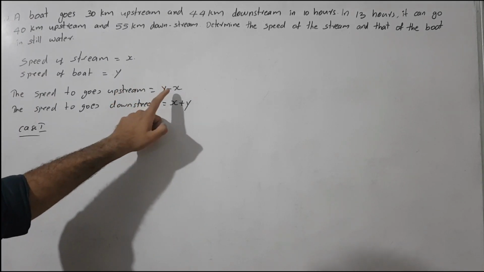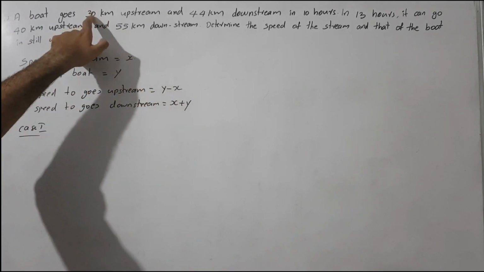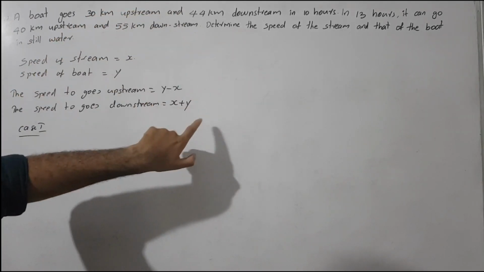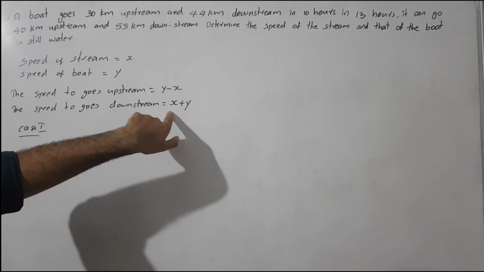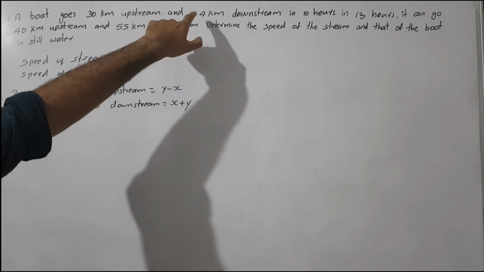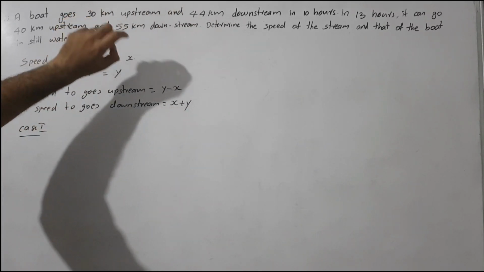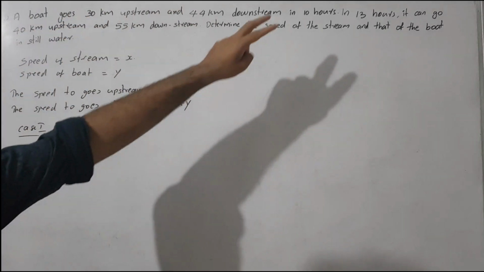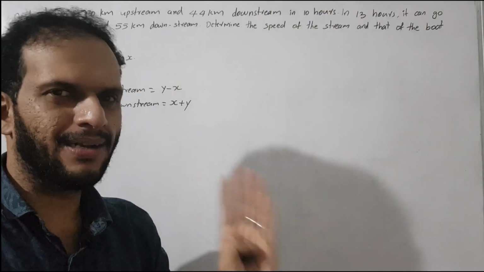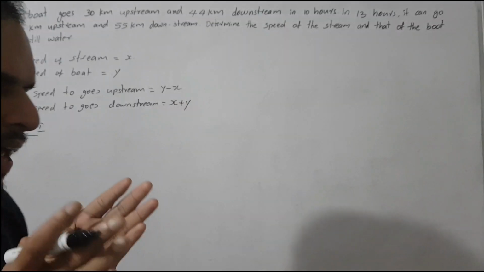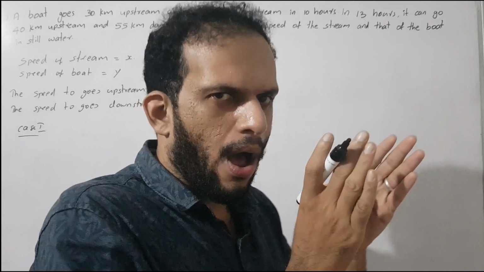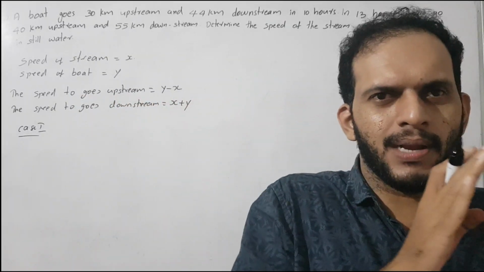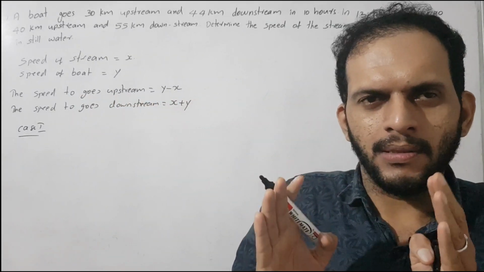Then the speed is y minus x to move upstream, and the speed to go downstream is x plus y. The distance is 44. The total time taken to move upstream and downstream is equal to 10.